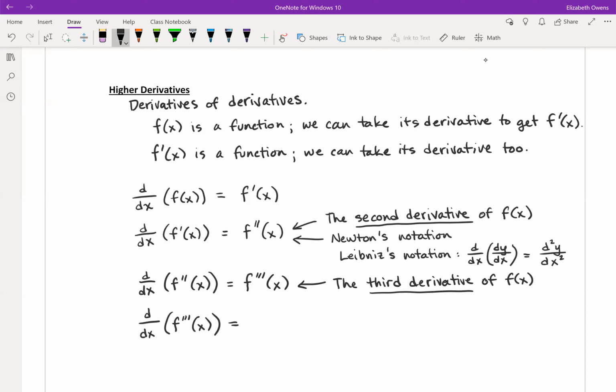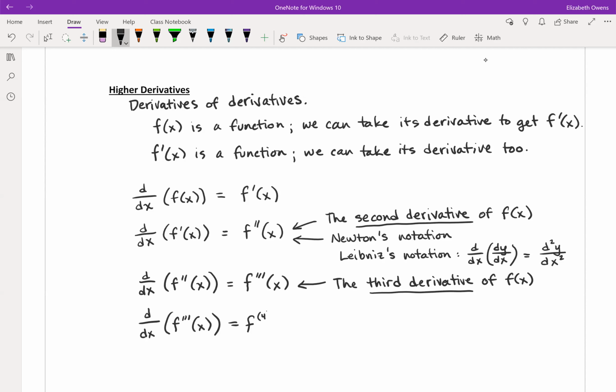Okay? And when we do this, the derivative of f triple prime, I mean, you could put f quadruple prime, but at this stage, you don't want to be counting too many of those little tick marks, too many of those prime symbols. So the notation switches at this stage usually.